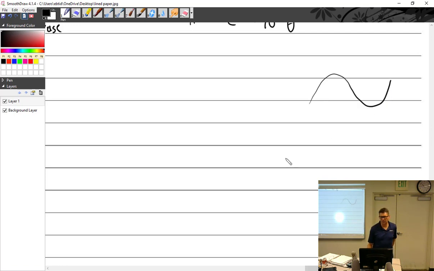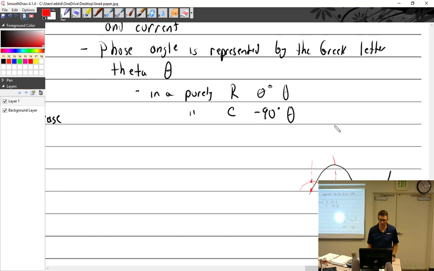And we said that in a purely capacitive circuit, we have Eli the Iceman, ICE. So what leads, what lags? Current leads voltage. All right, so in a purely capacitive circuit, as soon as we come off of 0 volts, what happens? The current goes to max. So that means that it's actually going like this, right about there. And the difference between the peak here and the peak here is how many degrees? 90 degrees. Okay, that's where we come up with it. It's out of phase, negative 90, looking at our graph.